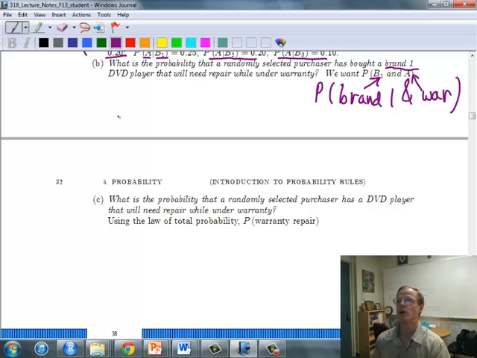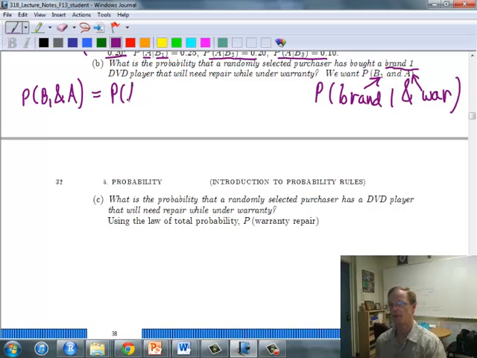So let's do part B here. Probability of B1 and A. That's going to be probability of A given B1 times probability of B1, which we have.